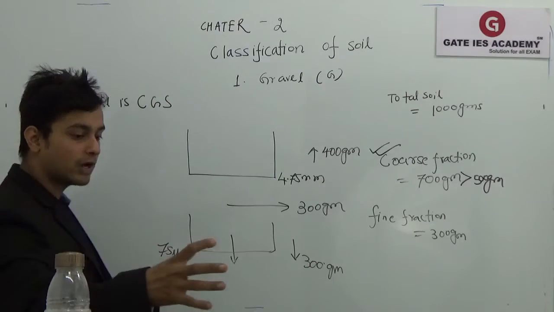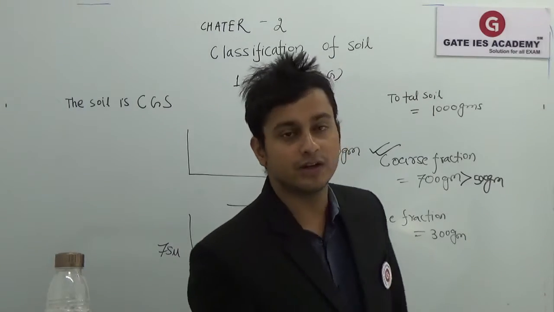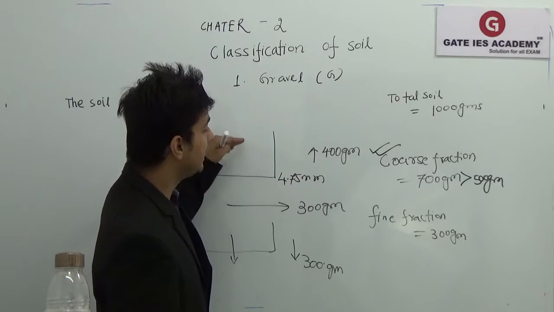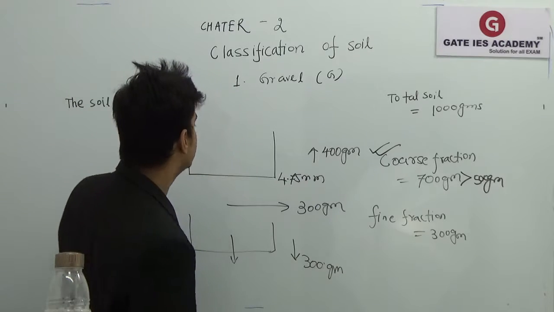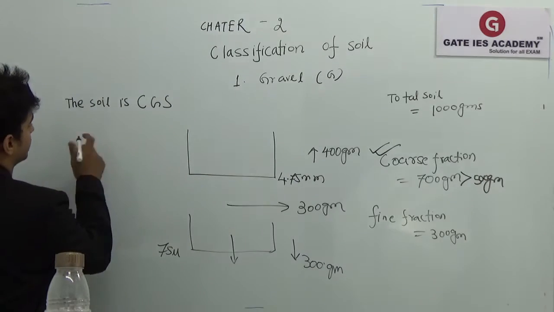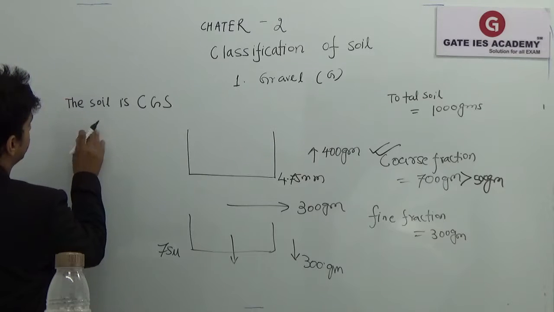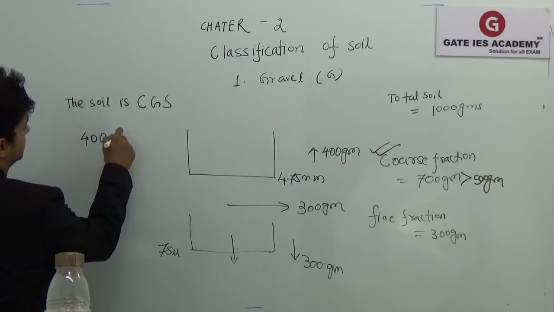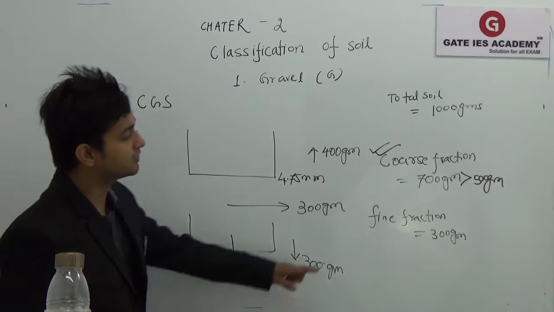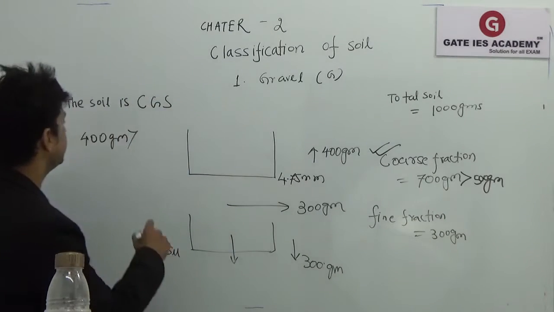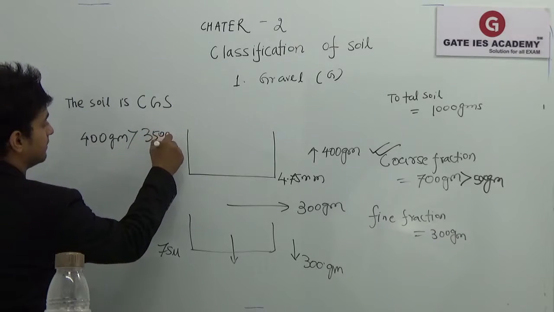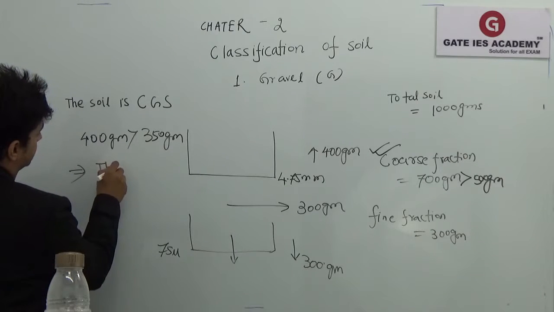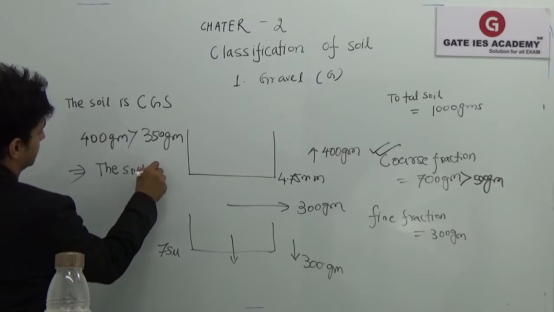Now coarse grained soil is either gravel or sand. We will get to know by checking the fraction which is retained on 4.75 mm or not. So we'll say that 400 grams is greater than 50% of coarse fraction, which is 350 grams, which implies the soil is gravel.